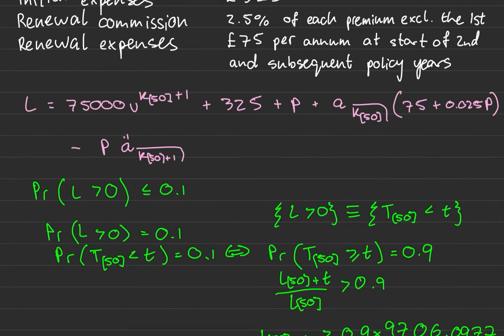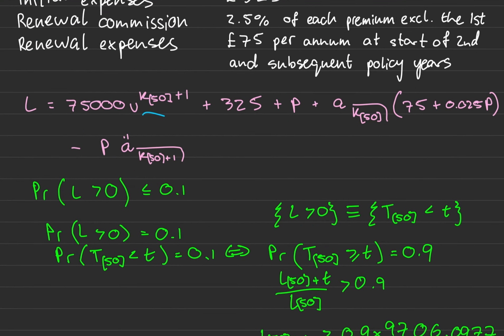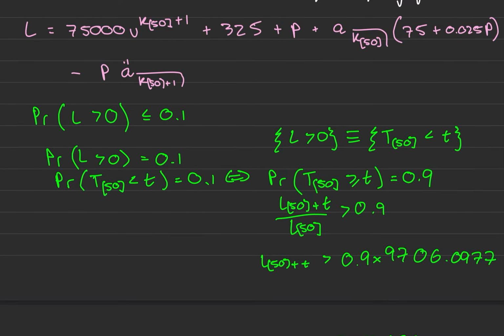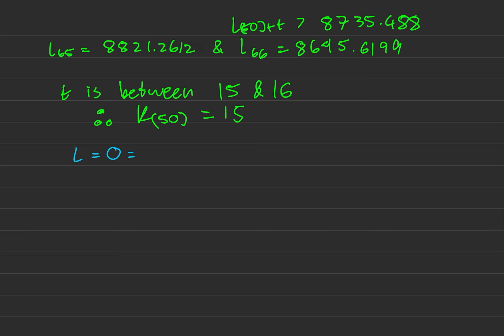I substitute in 15 for all of the k's in this formula. So it becomes L equals 0 equals 75,000 V to the 16, because that was 15 plus 1, plus 325 plus the premium plus my annuity for 15 years.